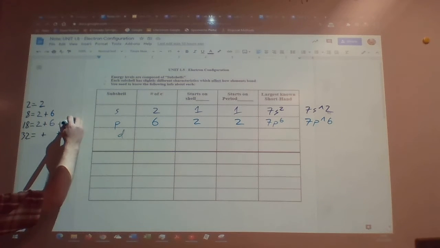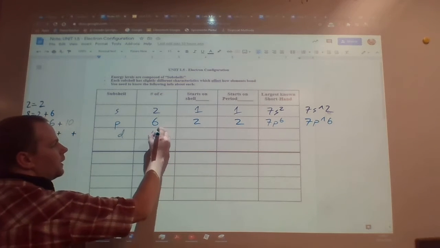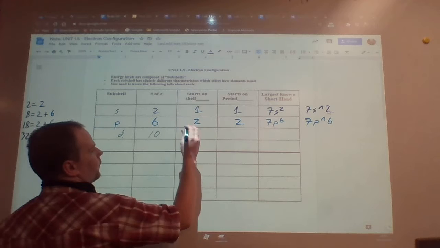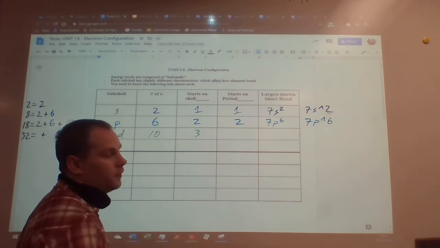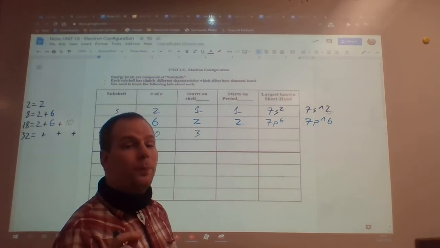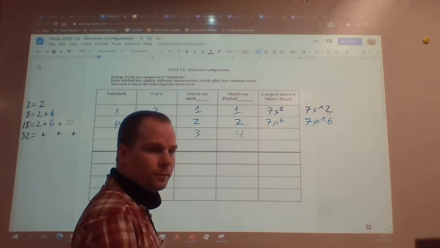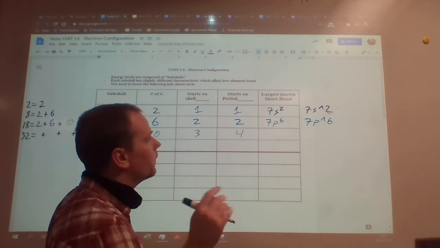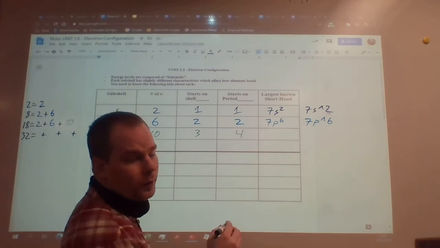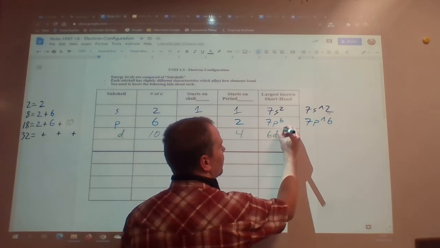Well, that means D has to be 10. So D can hold 10 electrons. It first shows up on the third energy level, but it does not show up on the periodic table until period 4. Largest known shorthand is going to be 6d10.